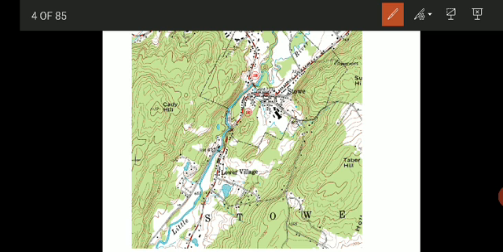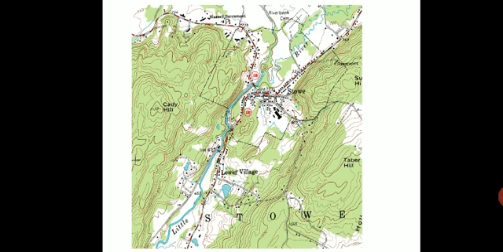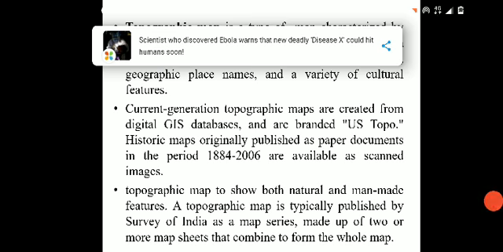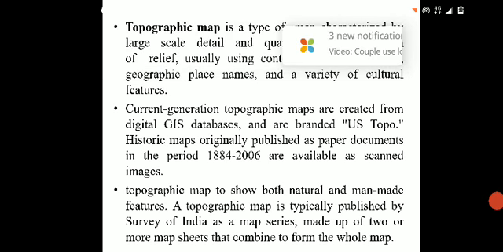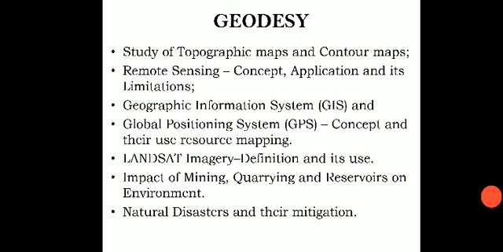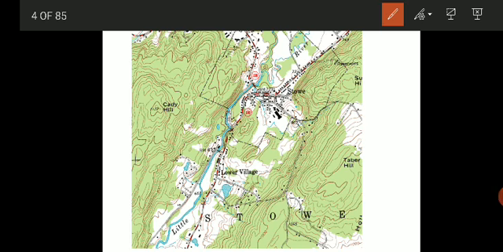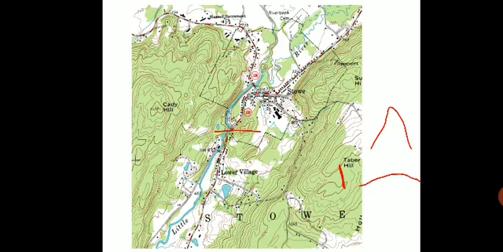And if the contour lines are spaced at a distance, like here where the spacing is more, then that shows the slope is gentle. So this is the gentle slope and this is the steep slope of the beds.